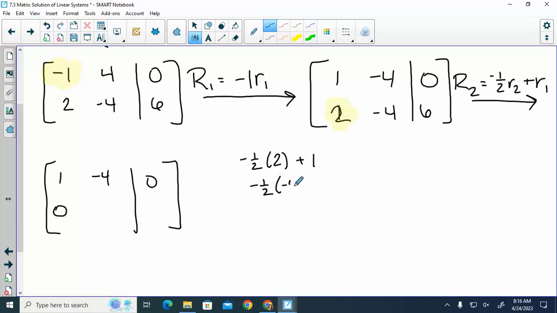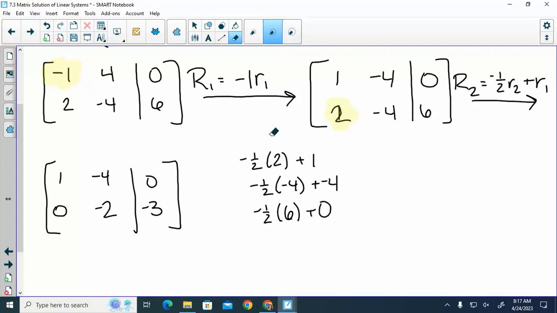So negative 1/2 times negative 4 is 2, plus negative 4 is negative 2. Negative 1/2 times 6 plus 0 is negative 3. All right, so column 1 is good.